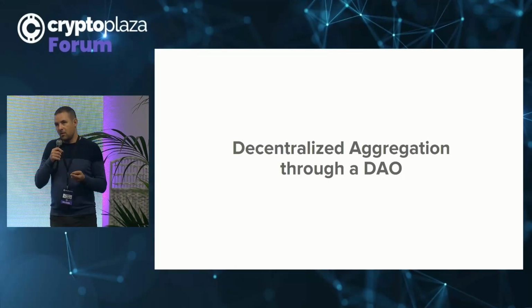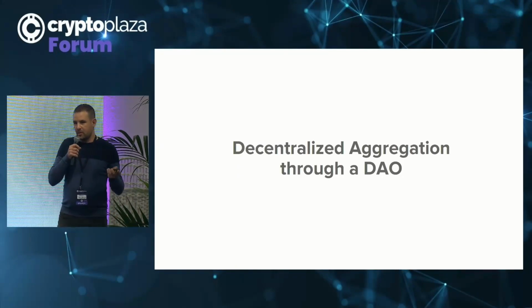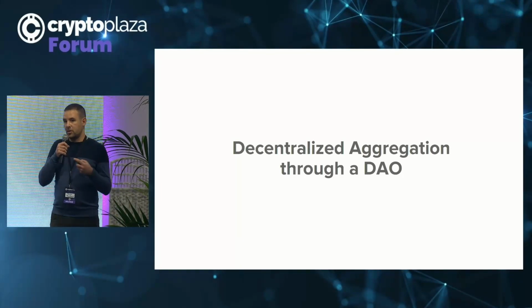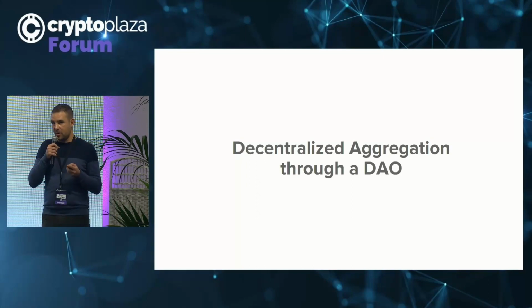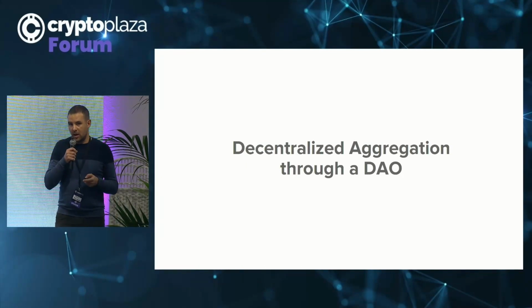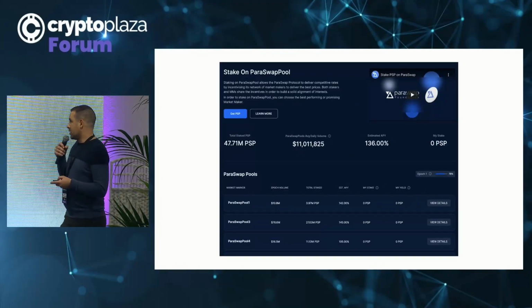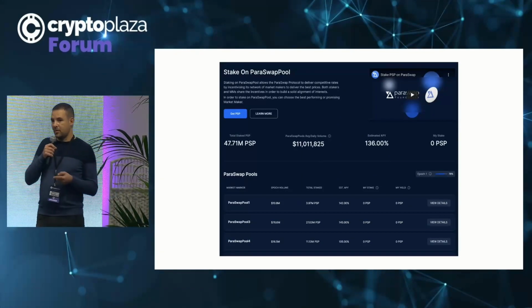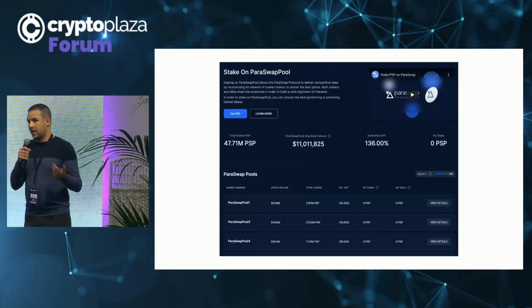Recently, less than 2 weeks ago, on the 15th of November, we launched a first iteration on future full decentralization of ParaSwap. And 3 days ago, we launched a DAO and ParaSwap pool, with this network of liquidity providers or market makers.